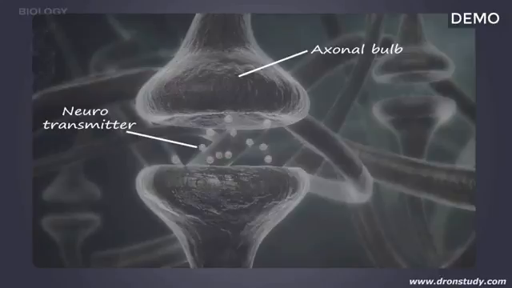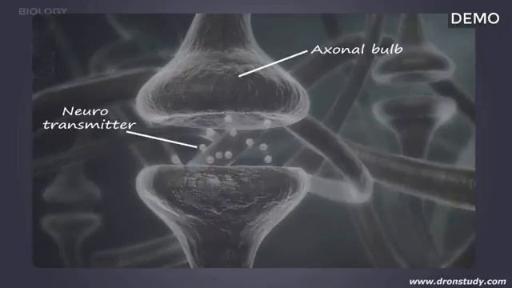Now, the gap between the two, as you can see, there's one synaptic knob there and there's one synaptic knob down. Between the two you can see the gap, which is the synaptic cleft. Let's mention inside the synaptic knob.